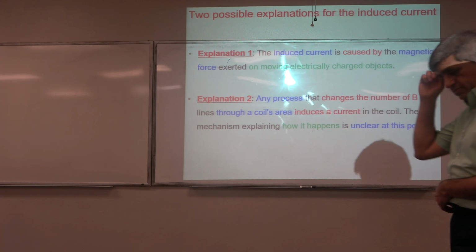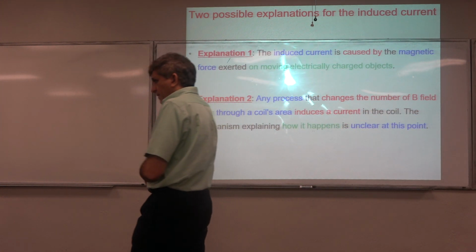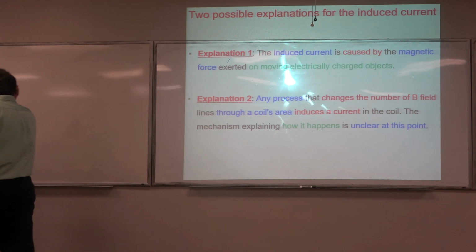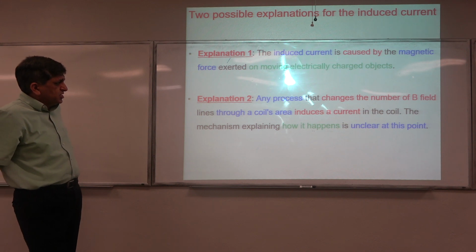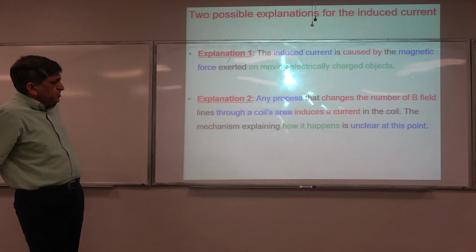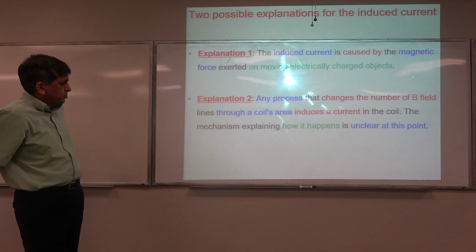That's what we learned in the previous chapter. Then in explanation 2, we said that any process that changes the number of magnetic field lines through the coil area induces a current in the coil.